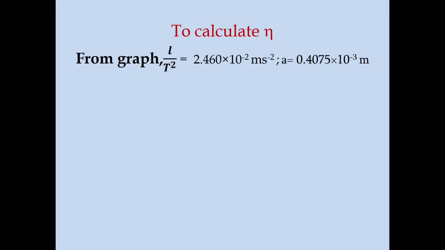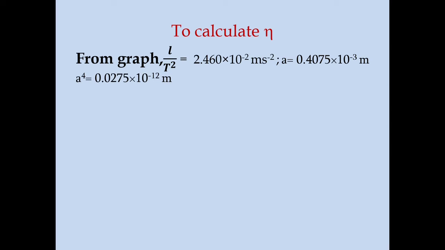With this L by t square, we can calculate eta, the rigidity modulus of the material of the bar. From the graph, the L by t square value is 2.460 into 10 power minus 2 meter per second square, and the value of A, the radius of the wire, is 0.4075 into 10 power minus 3 meters, which was already calculated in the video by the calculation method.